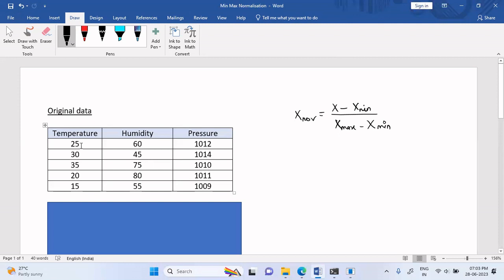Suppose you want to normalize the temperature values. Let's do it for temperature. X normalized for temperature of 25. Here we are applying the formula to the temperature column. First, we need to observe the minimum value and the maximum value in the temperature column. The minimum value is 15 and the maximum value is 35.